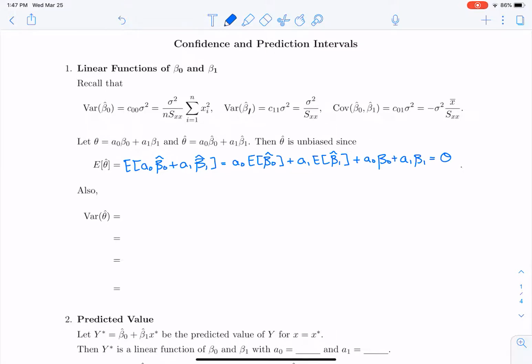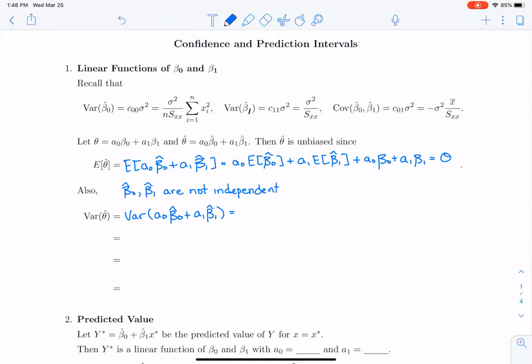But let's also look at the variance. The variance of θ hat is going to be the variance of a0 β0 hat plus a1 β1 hat. And note that β0 hat and β1 hat are not independent. In fact, we saw that β0 hat was actually a function of β1 hat.